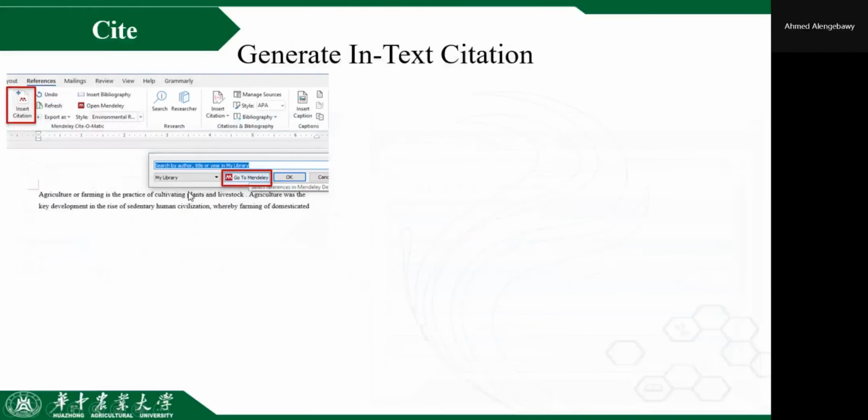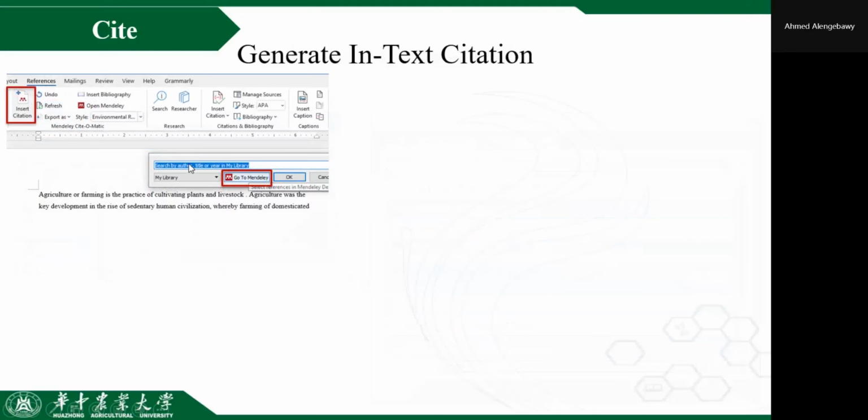For the generation of in-text citations in Microsoft Word, you simply click on the place where you want to insert your citation, and open the References menu, and you will find an icon, insert citation. Once you click on insert citation, you will find a new menu here.